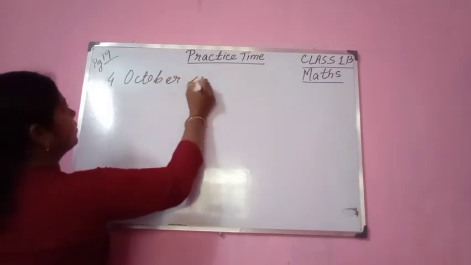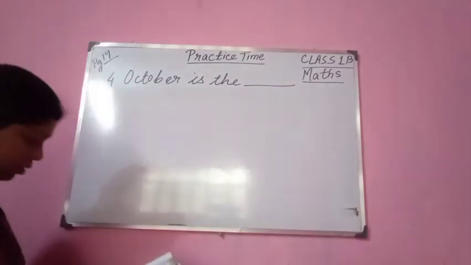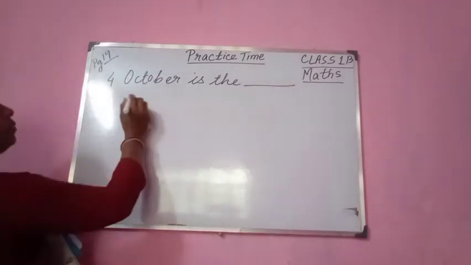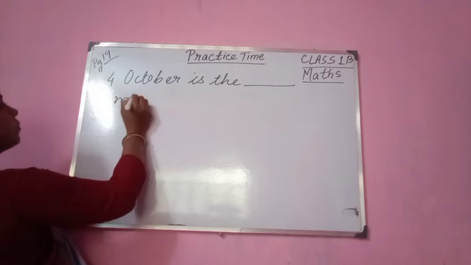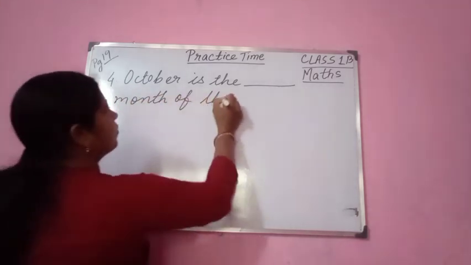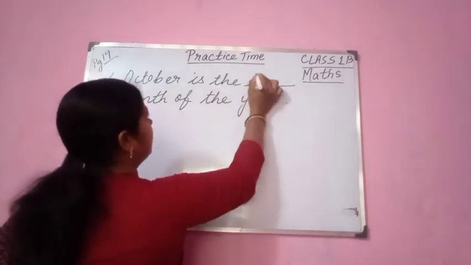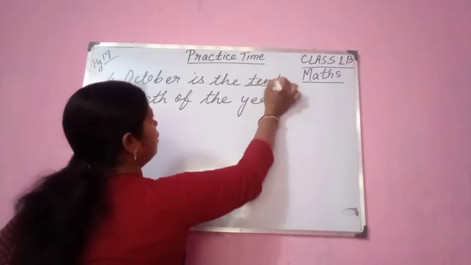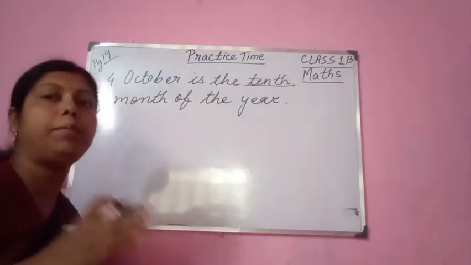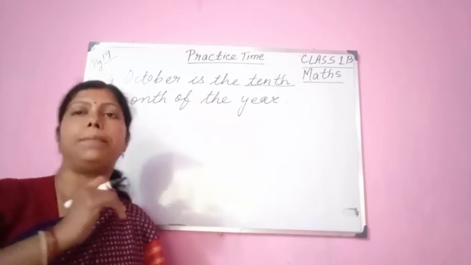October is the dash month of the year. So October is the 10th month of the year, isn't it? You just count January, February, March, April, May, June, July, August, September, October. So October is the 10th month of the year.